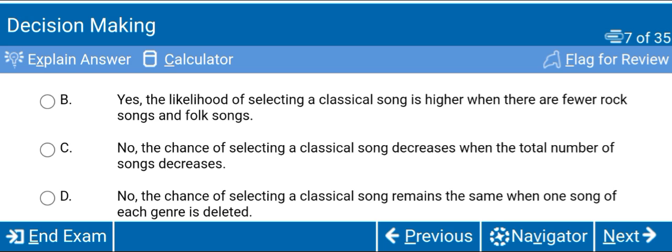Option C, no. The chance of selecting a classical song decreases when the total number of songs decreases. Option D, no. The chance of selecting a classical song remains the same when one song of each genre is deleted.